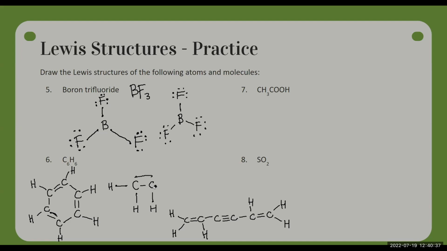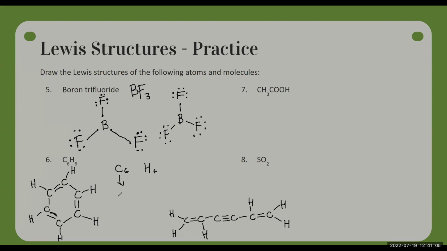But in order to check to make sure you have the right answer, what we can do is count the valence electrons and then make sure that the structure you draw has the same number of valence electrons. So we can do C6 and H6. So C6, each carbon has 4 valence electrons.